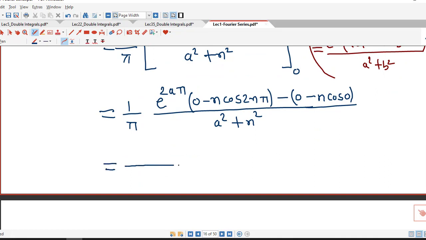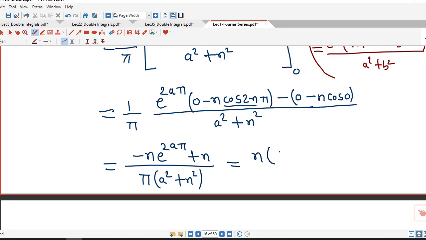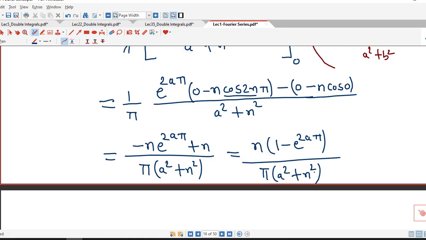So now this we can rewrite as pi times a square plus n square. Cos 2n pi is 1, and here we have minus n, so minus n times e raised to 2a pi, negative negative positive, and plus n cos 0 is 1. So we can take n common. So we have 1 minus e raised to 2a pi divided by pi into a square plus n square.